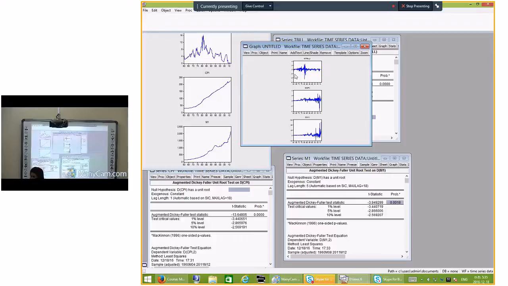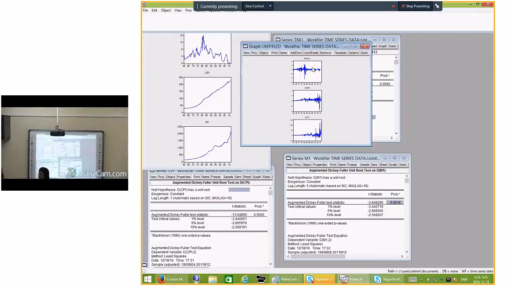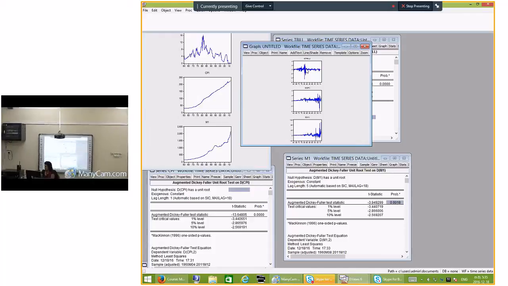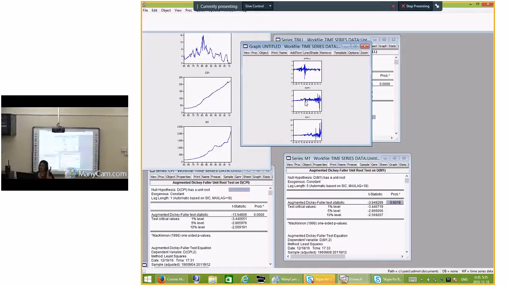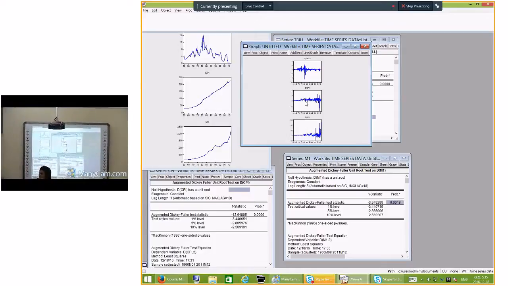What we do is consider the first difference of the series. Here we can see the upward trend, but if you remove that upward trend, then our series is stationary when taking the first difference.